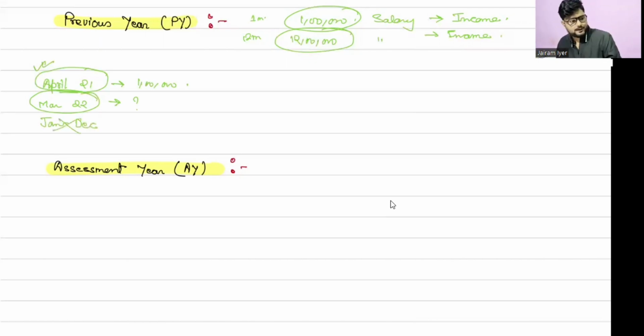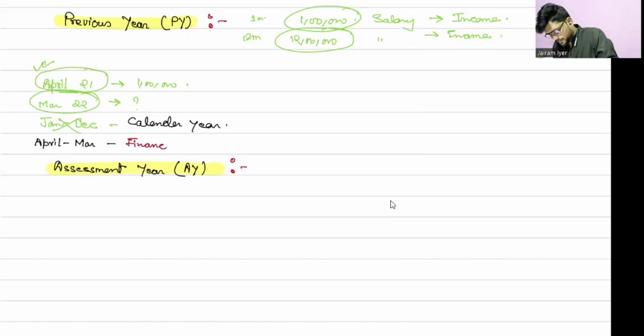January to December is commonly called a calendar year, and this will not be followed. Here April to March will be followed, which we call a financial year. Here the financial year will be followed, from 1st of April to 31st of March of the next year.